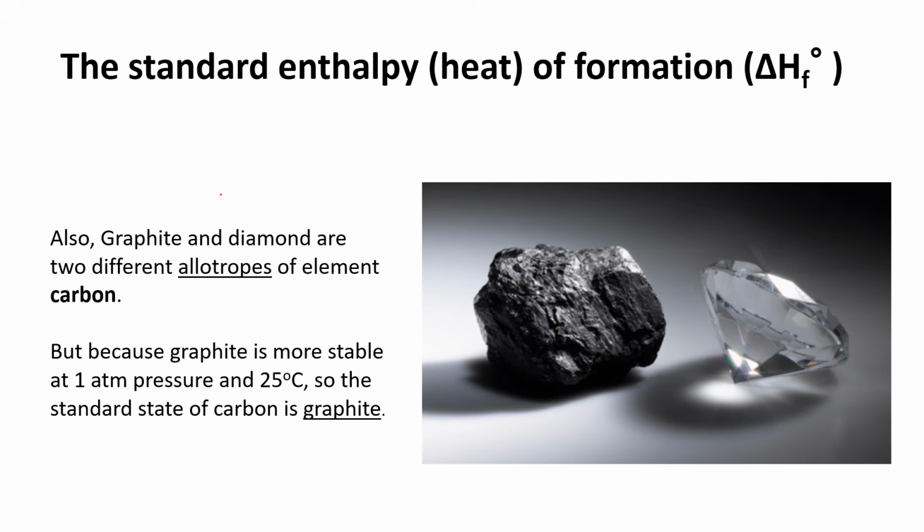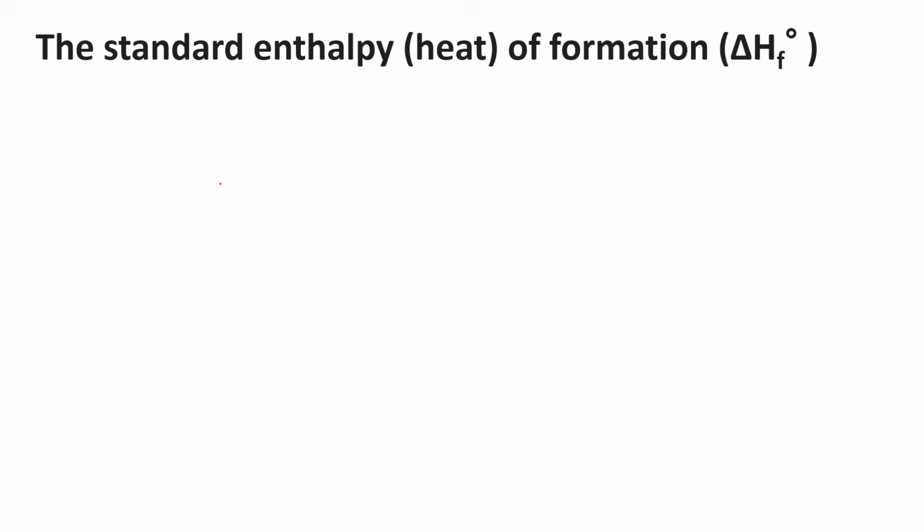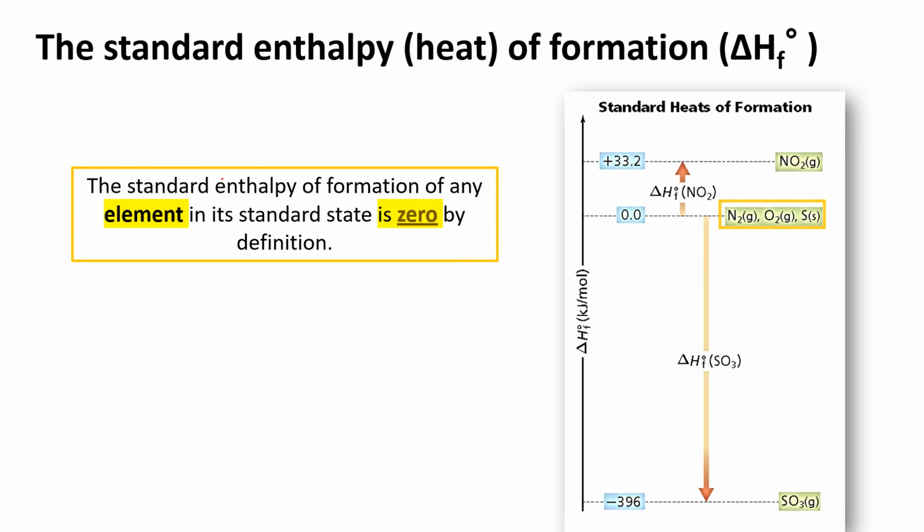We can skip this, you can read it on your own, okay? We'll go here. So, very important. The standard enthalpy of formation of any element in standard state is 0 by definition.